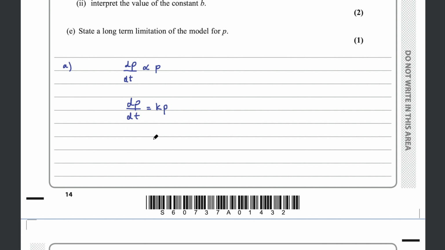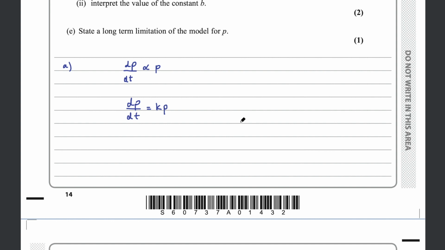So how can you see a log being introduced into this equation? Well, usually you get a log from taking the integral, right? So we need to do a bit of algebraic manipulation and then introduce an integral into this, and then hopefully we come up with e to the power of something.